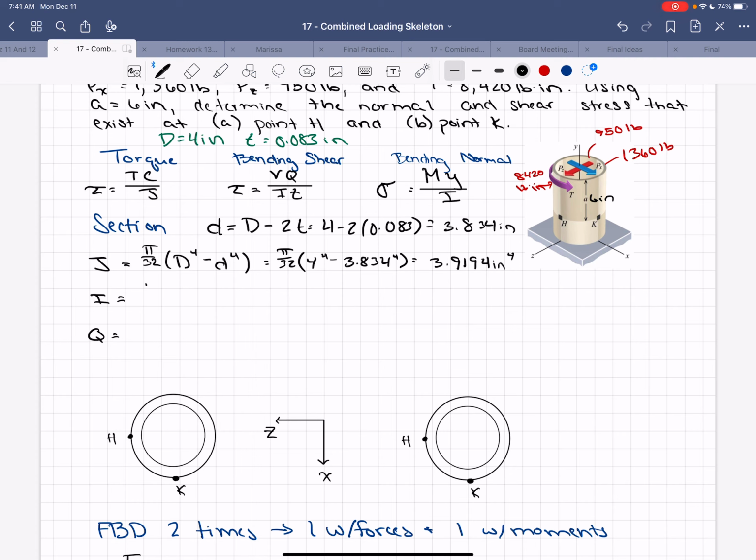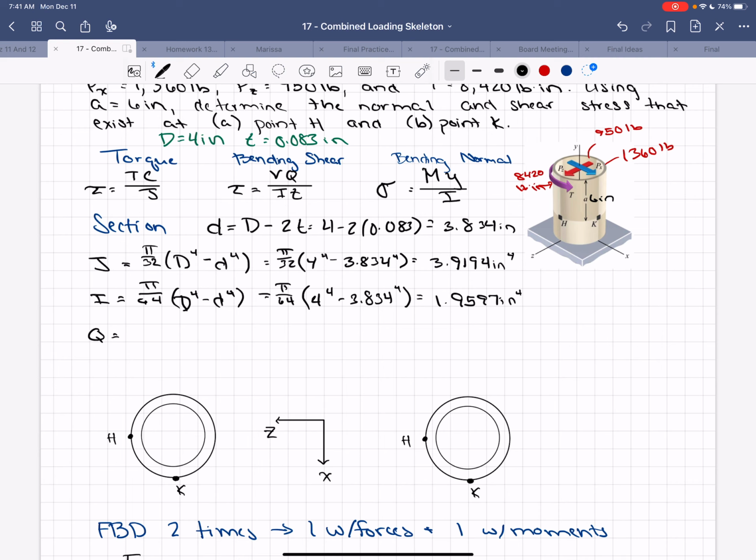Then for I, we get pi over 64, so this will be half of J, d to the fourth minus inside diameter to the fourth. Pi over 64 times 4 to the fourth minus 3.834 to the fourth, we get I is 1.9597 inches to the fourth.